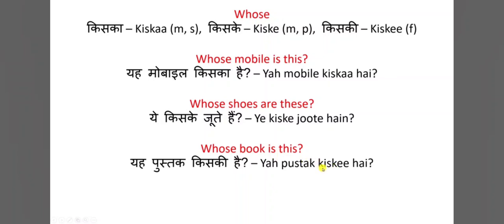Here we have selected किसकी for whose because in this question we are asking about book. Book is feminine in Hindi and book is singular. For feminine nouns we select किसकी for whose. Okay, since we are asking about a feminine noun, we have to select किसकी for whose.